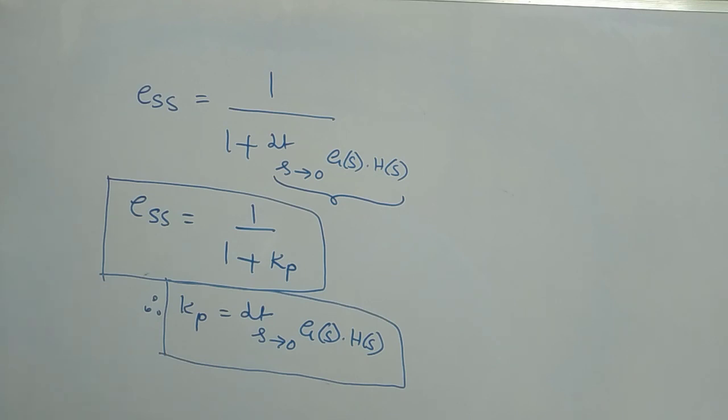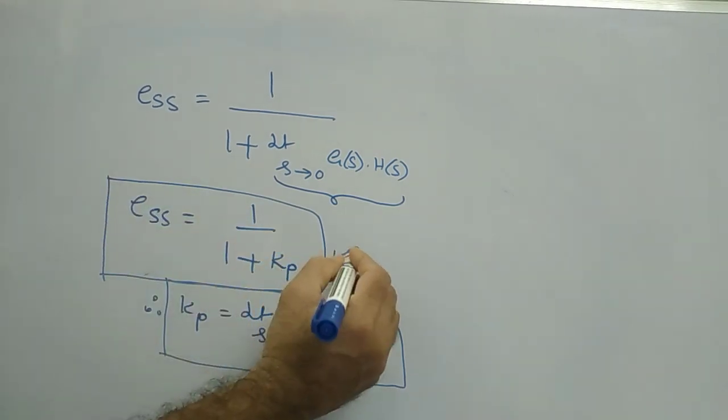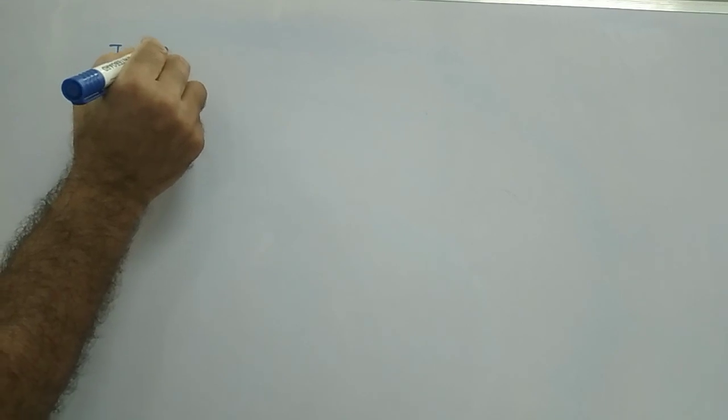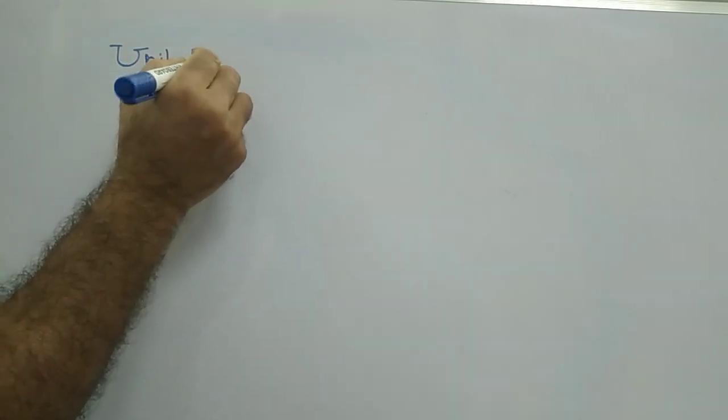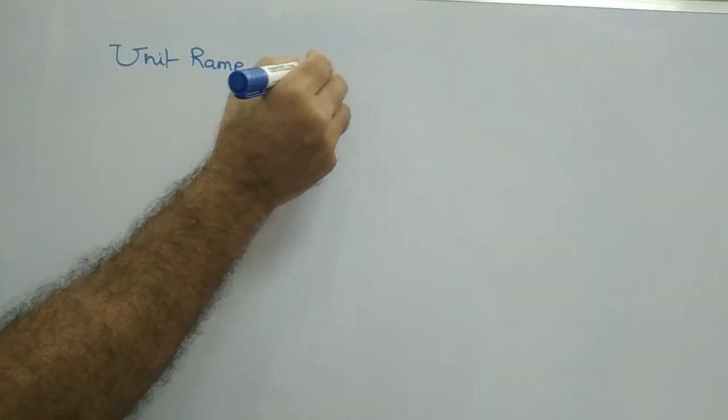This is the first formula. Remember, this is very important. Coming to the second input, the unit ramp input signal.